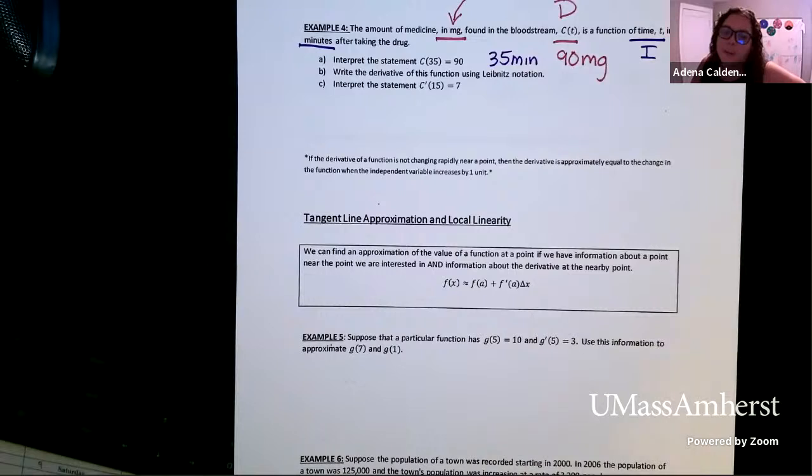If we were going to come up with a sentence, we would say something like, after 35 minutes, there is 90 milligrams of the drug in the bloodstream. So 35 minutes is the amount of time since you've ingested it, and 90 milligrams is the amount of the drug present.